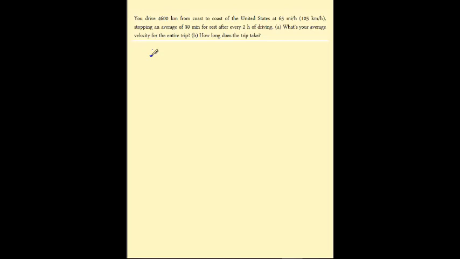This is a one-dimensional problem involving a number of divided time intervals, and the key concept here is the average velocity. Now we can find the average velocity for each driving time using the relation V equals delta x over delta t.